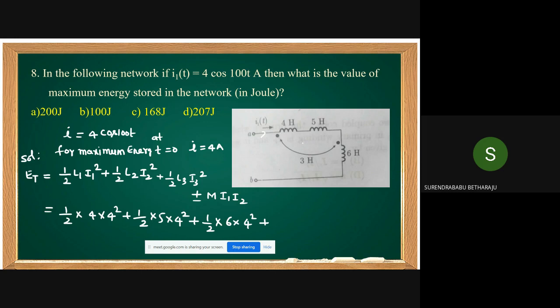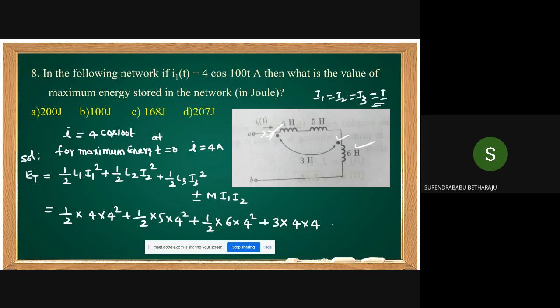With respect to this, 3 Henry is defined between these two coils. For this coil, starting terminal. For this coil is also starting. That's why you can take plus M. Plus 3 into I1 into I2. I1 is 4, I2 is also 4. Same currents. Here I1 equal to I2 equal to I3 equal to I only.